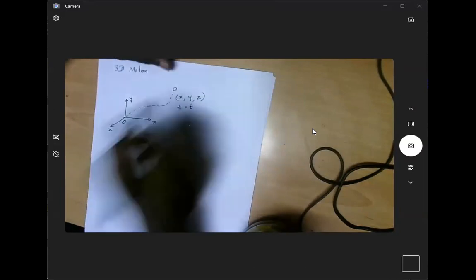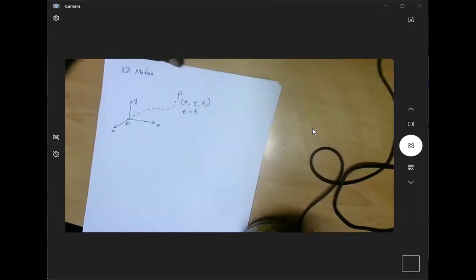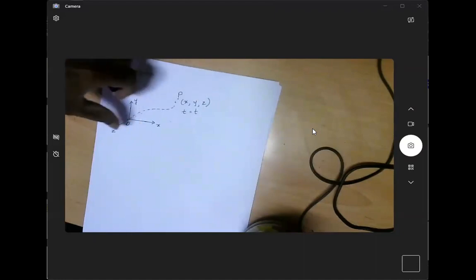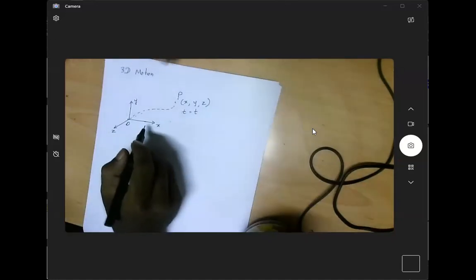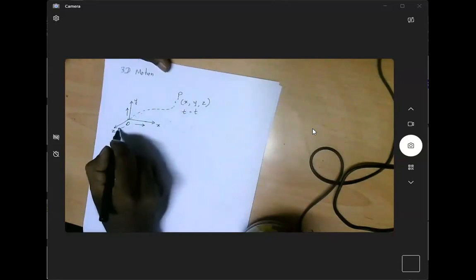So now we have to deal with three different distances in three different directions using vector operations. To make our work easy, we are going to define three unit vectors along each of these directions.